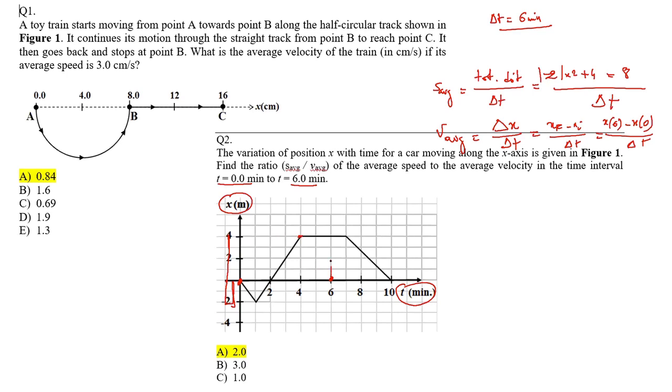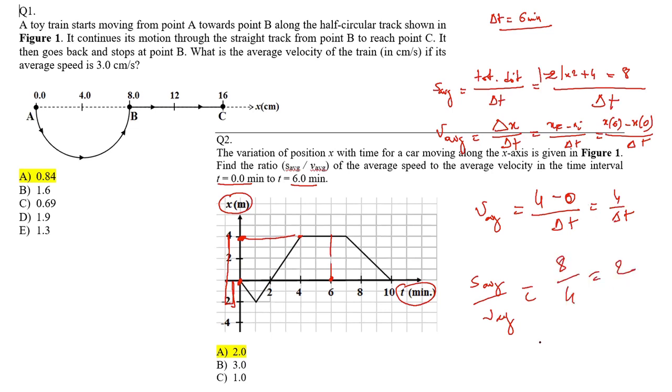So V average is 4 minus, what is x at 0? 0, divided by delta t. So it's just 4 divided by delta t. Now the ratio S average divided by V average, the delta t will simplify. I just have 8 divided by 4, which is 2. So be careful.